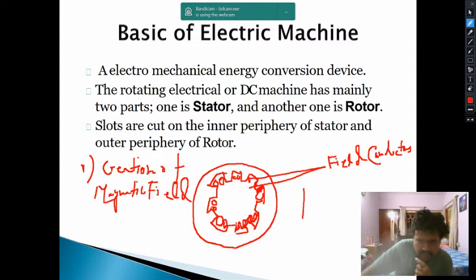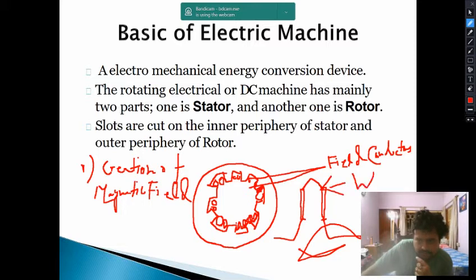And when the conductors are connected, it becomes a winding. So winding is basically connection of two or more conductors.